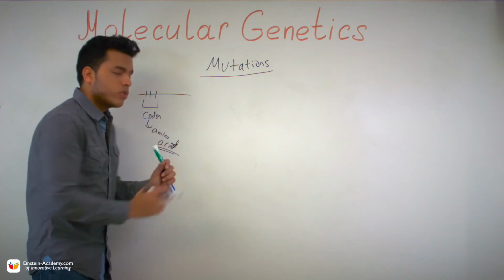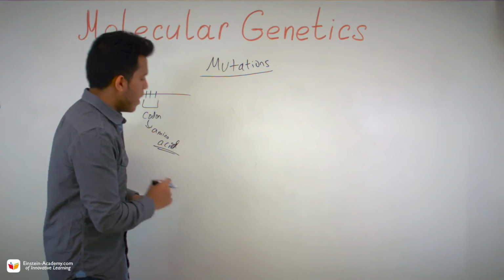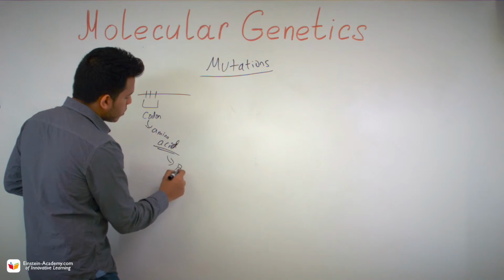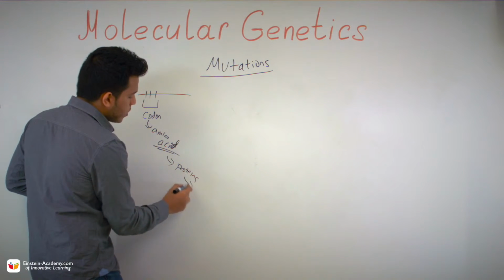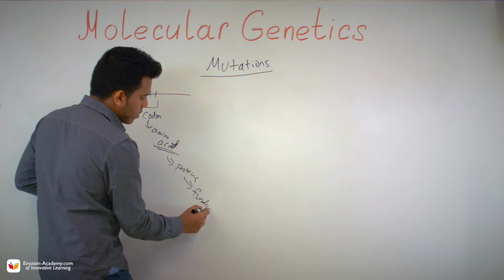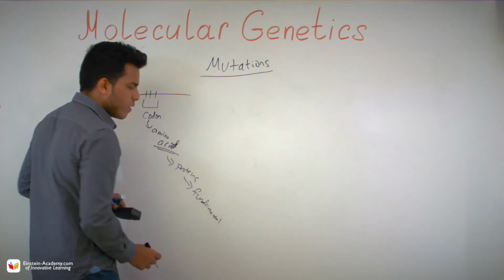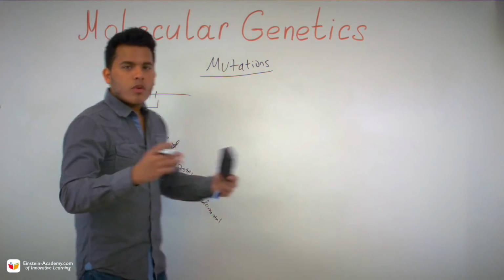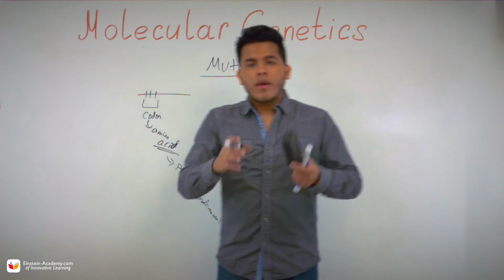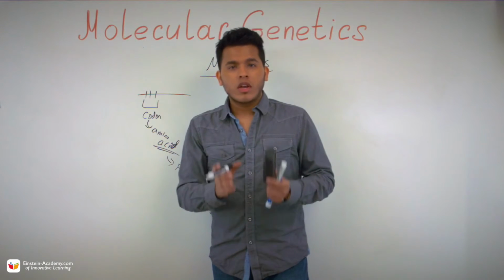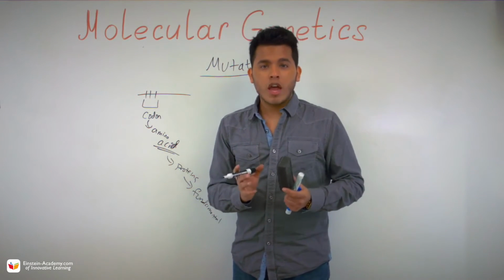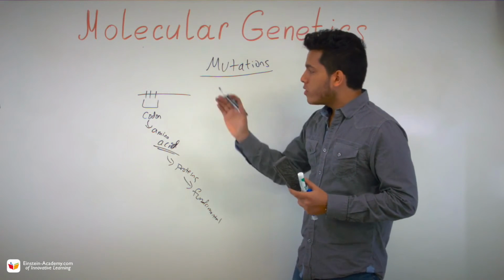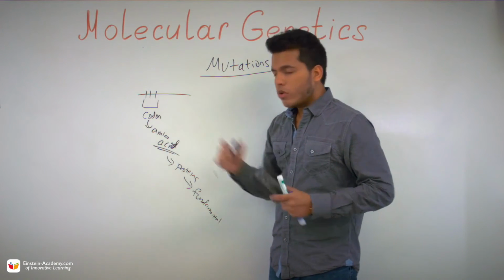Each codon represents 1 amino acid. Amino acids will eventually make proteins, and these proteins are fundamental. When we talk about translation, the ribosomes are going to read this mRNA transcript, codon by codon.